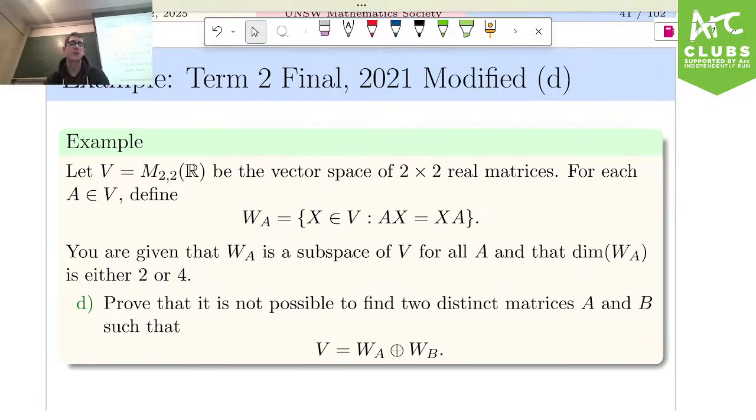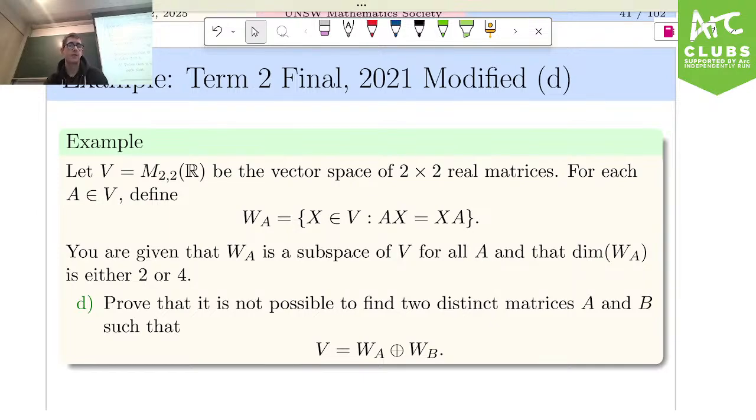Similar to what we looked at before with that group question, we have the vector space V of 2 by 2 matrices, which is in fact a vector space, and we're defining a set W_A with some fixed matrix A in V. We're saying that it's the set of other matrices such that they commute with A. And we're told that this W_A is a subspace and that it has dimension either 2 or 4. We don't have to prove that because it's not the point here.